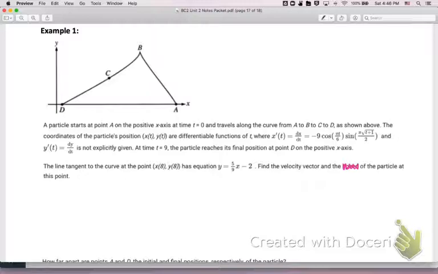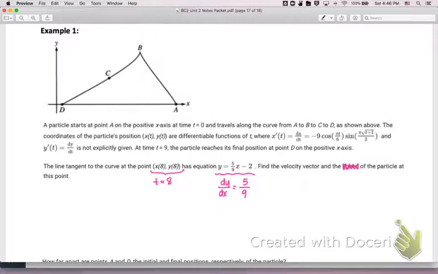So two things that we can take from the information that was given. If we are looking at the point x of 8, y of 8, this tells us that t is 8, because it's x of t, y of t, right? Second thing is that if the tangent to the curve has this derivative, then we know that dy dx has to equal 5/9.